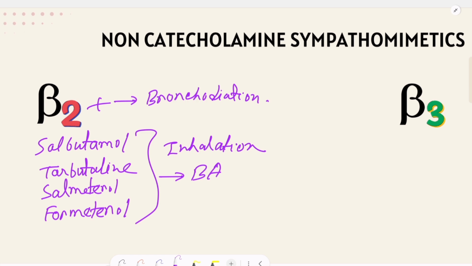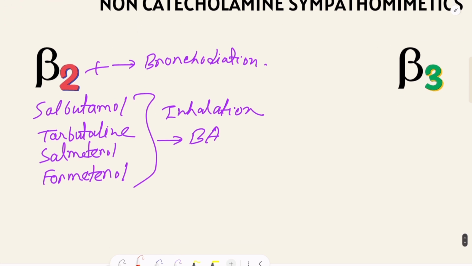We have another drug that stimulates the beta-2 receptor, and the drug name is ritodrine. But this drug is mainly used for its action on the uterus.